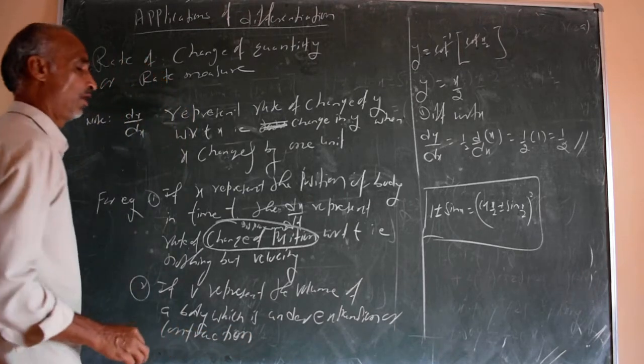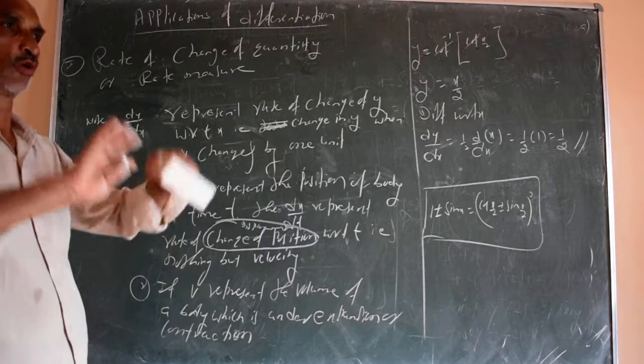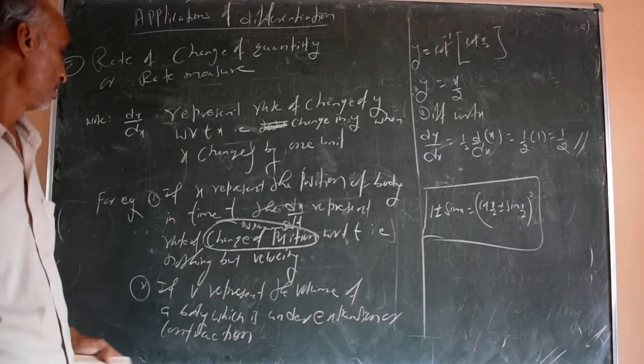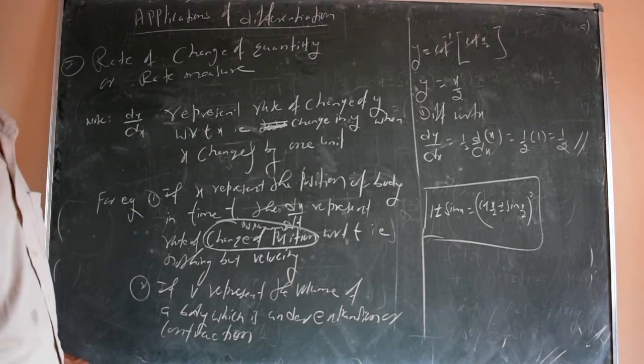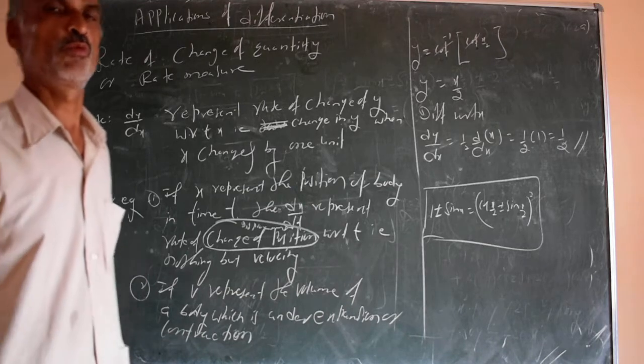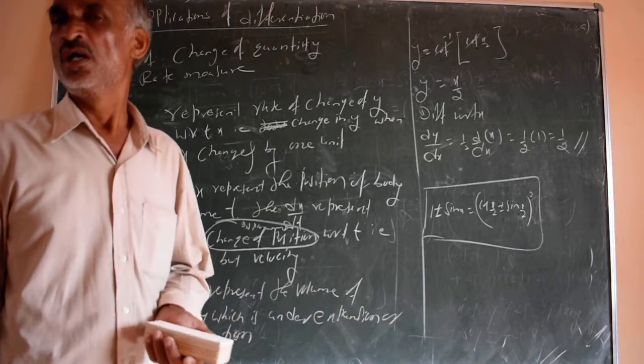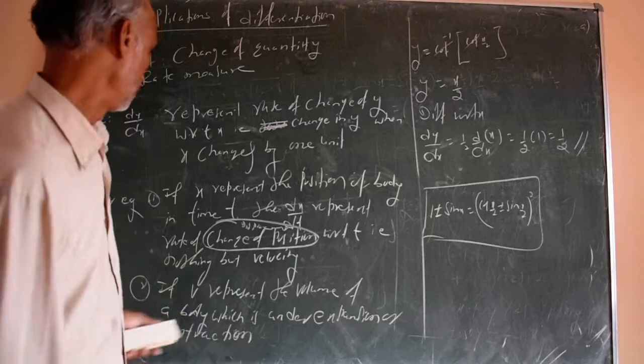Expansion or contraction. The body is under expansion or contraction. When it expands, volume increases. When it contracts, volume decreases.